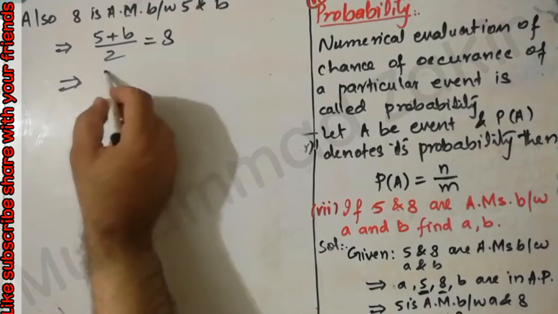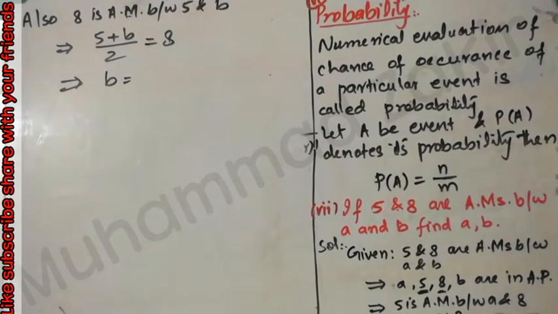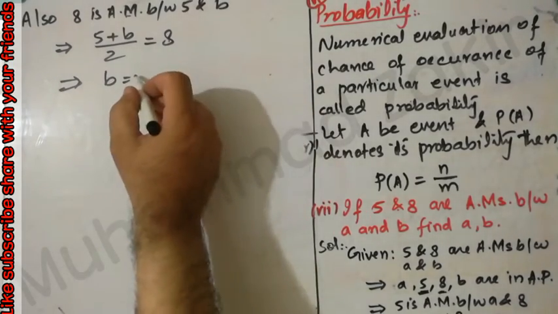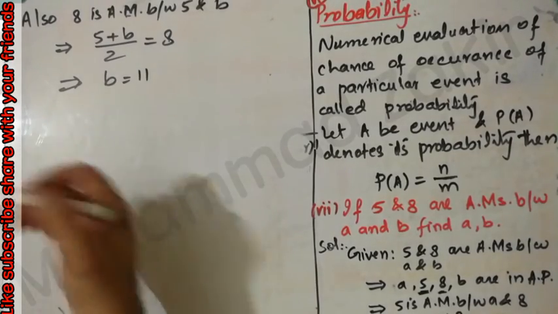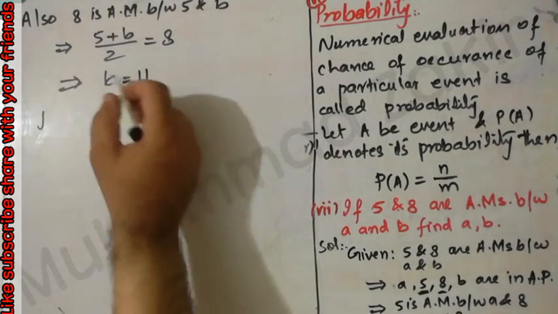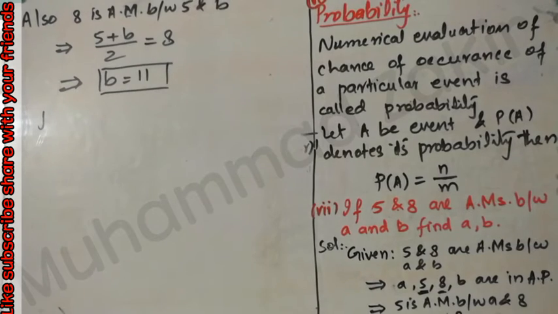From here we see that this 2 will multiply by it will be 16, 5 will be subtracted, so it will be 11. Hence, the required numbers are 2 and 11.